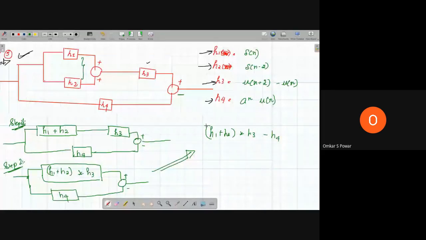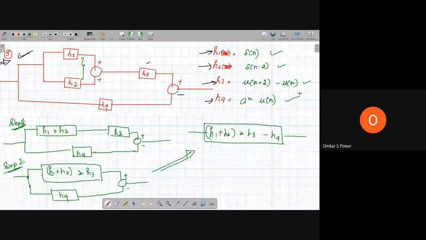So minus H4. So this is your impulse response. But wait a minute. What have they given? They have given you H1 of n, H2 of n, H3 of n and H4 of n. So what we have to do? We have to simplify that by substituting in this H1 plus H2 convolved with H3 minus H4. So let us do that.